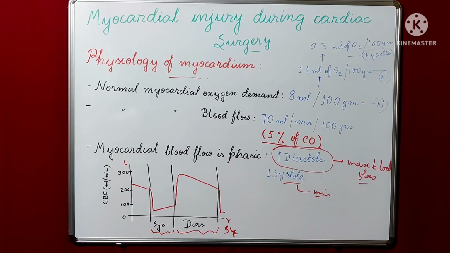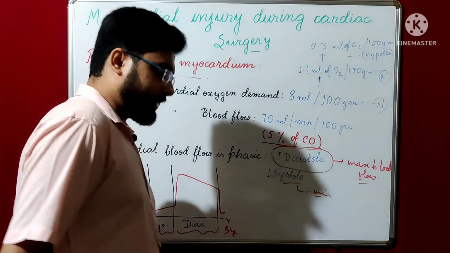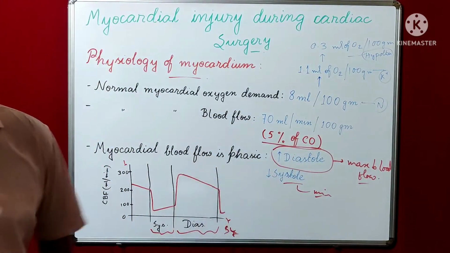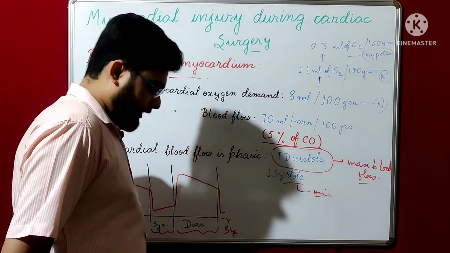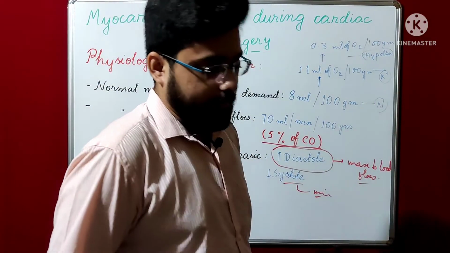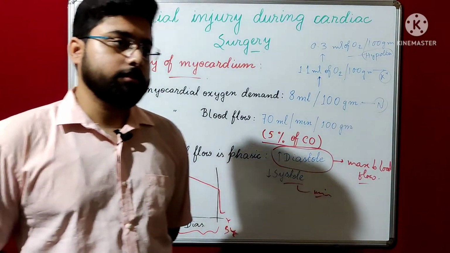Because right ventricular systolic pressure is well below systemic levels, with the exception of instances where there is severe pulmonary arterial hypertension in a patient. So if there is no pulmonary arterial hypertension present, then the right ventricular systolic pressure is well below the systemic pressure.